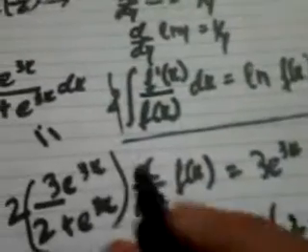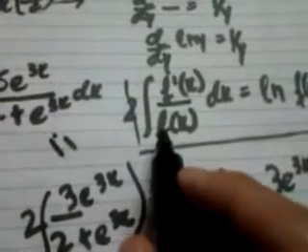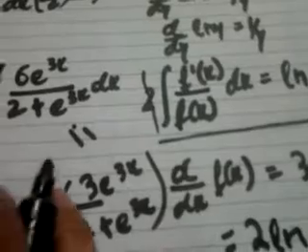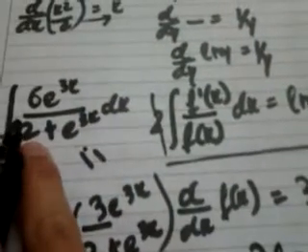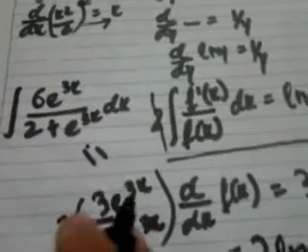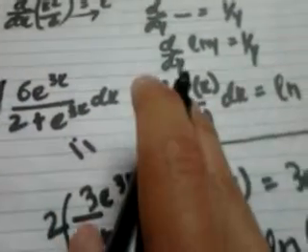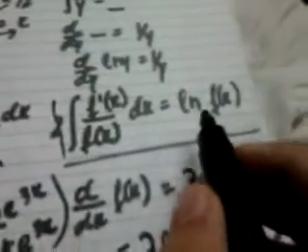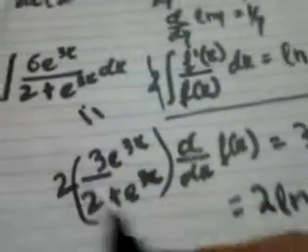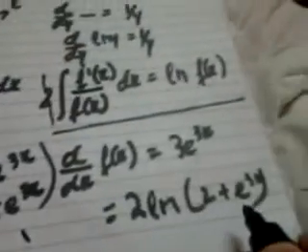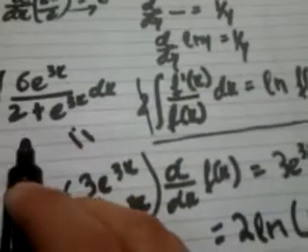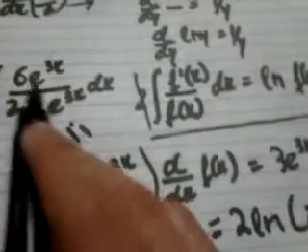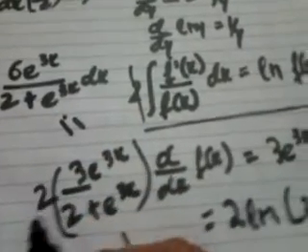Here f(x) is this and f'(x) is 3e to the power 3x, so derivative over function gives ln f(x). But there's 6 here, so to make this equal to 6, we need to put 2 here.